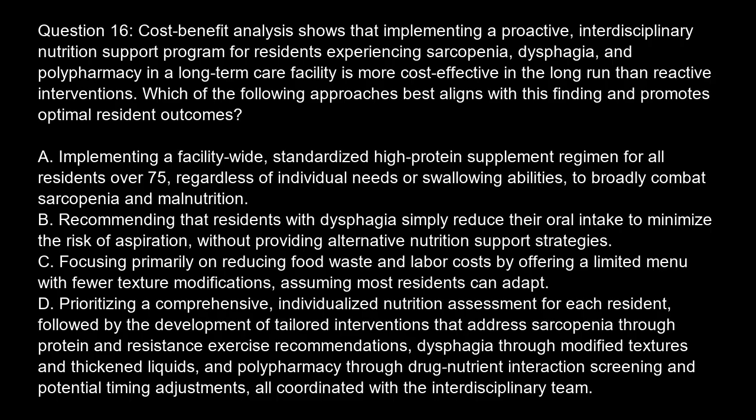Option D. Prioritizing a comprehensive, individualized nutrition assessment for each resident, followed by the development of tailored interventions that address sarcopenia through protein and resistance exercise recommendations, dysphagia through modified textures and thickened liquids, and polypharmacy through drug-nutrient interaction screening and potential timing adjustments, all coordinated with the interdisciplinary team.